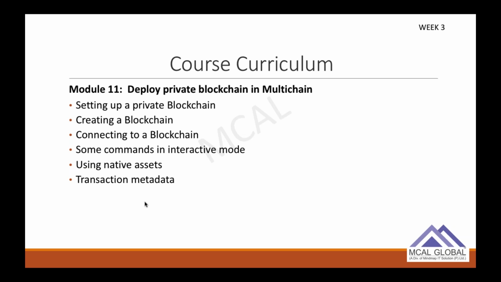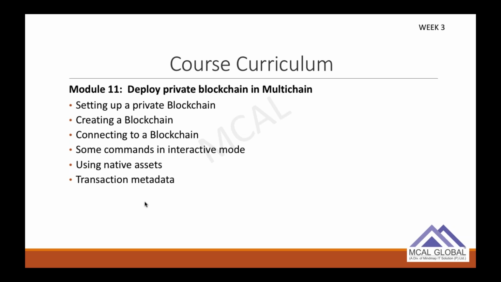Then we'll be seeing transaction metadata. Whenever you push any transaction, any transfer of an asset or anything associated with the network, on the multi-chain network, any change or modification, for example, suppose I want to assign some permission to node 2 from node 1.